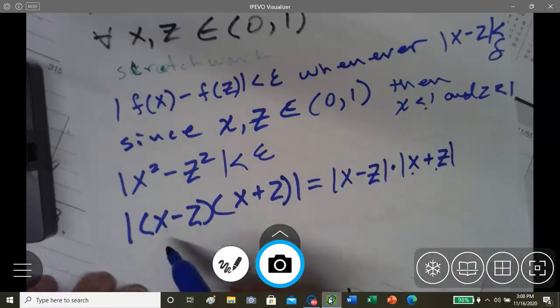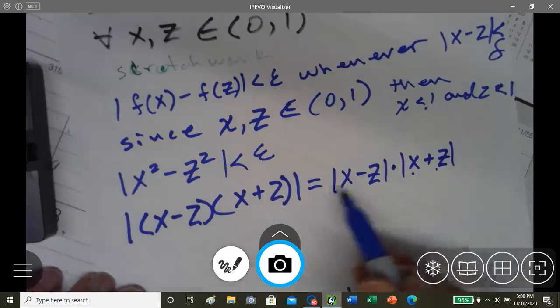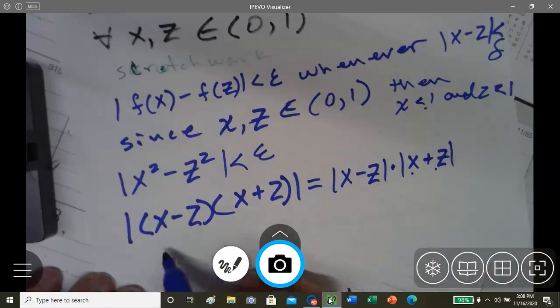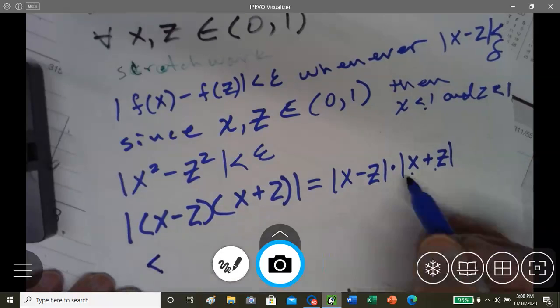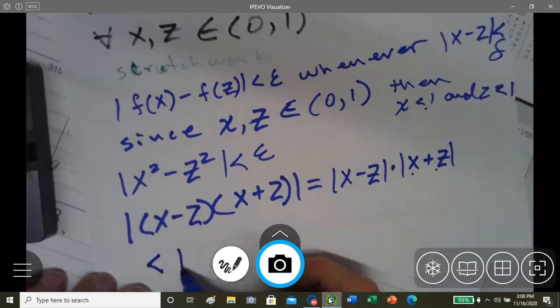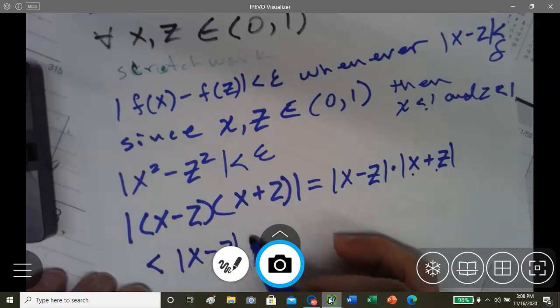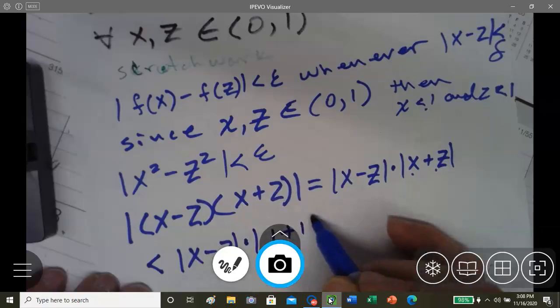So we can say here that this is less than the absolute value of x minus z times 1 plus 1.